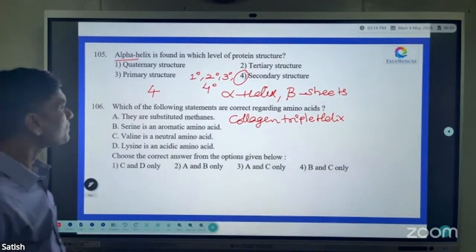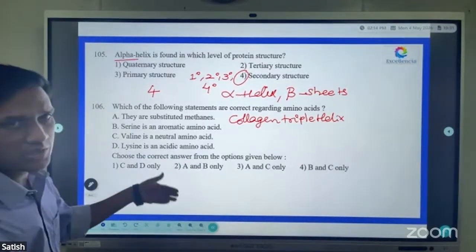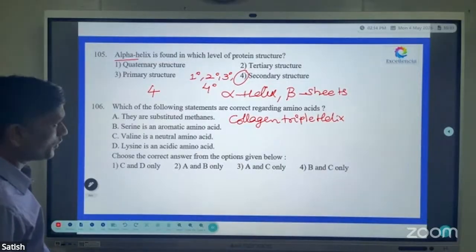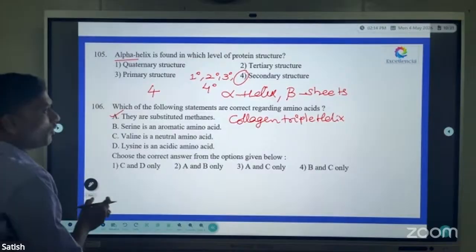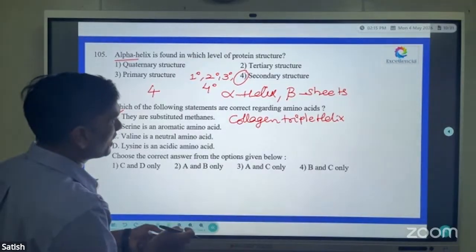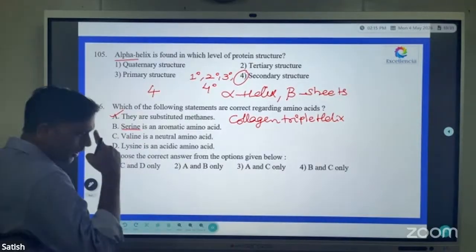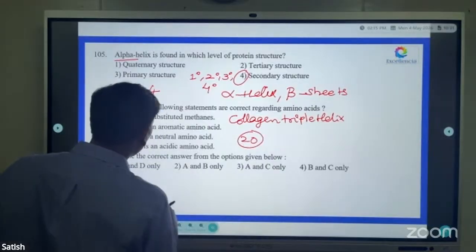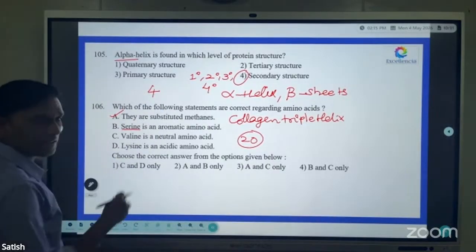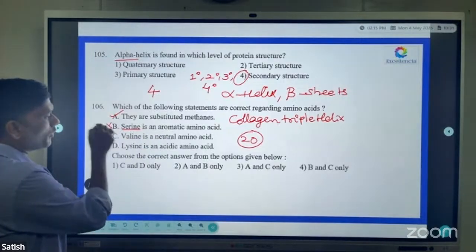106 question. Which of the following statements are correct regarding amino acids? One more question from biomolecules. They are substituted methanes, yes, with an amino group, with a carboxyl group, and with a central carbon atom, right? Next one, serine is an aromatic amino acid. Totally 20 standard amino acids are there. Serine is not aromatic, it is an alcoholic amino acid.